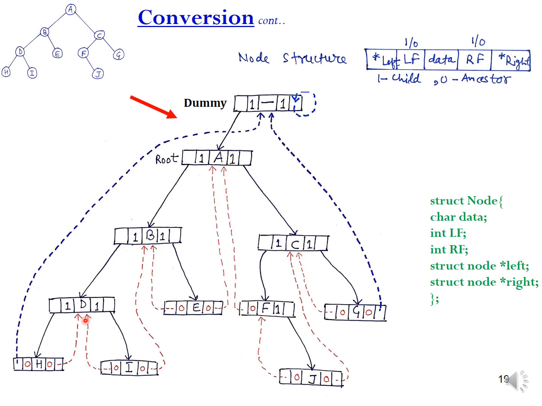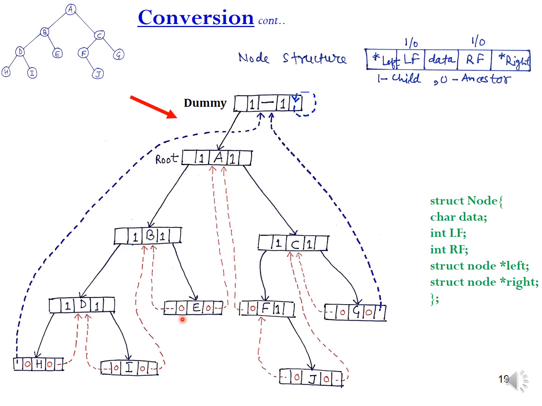Now we come to node D. At its left, this is 1. It means it has a left child. This is node H, and on the right hand side, it has a child. This is node I. Now we come to E. On the left hand side, this left flag is 0.